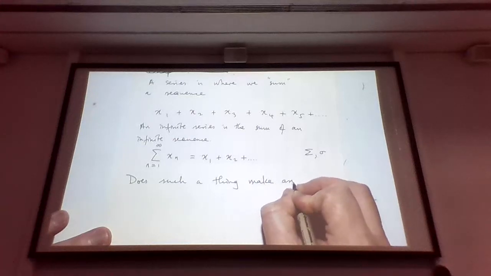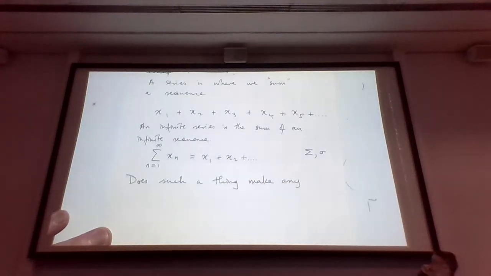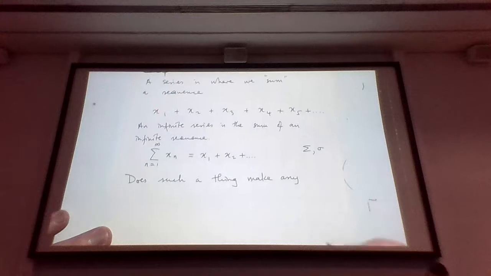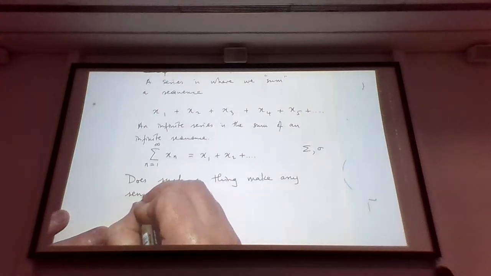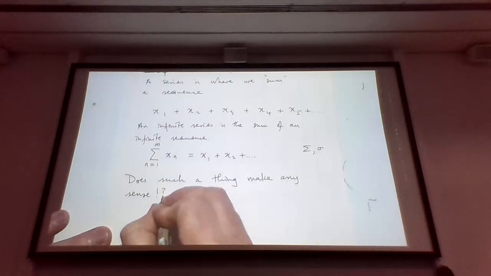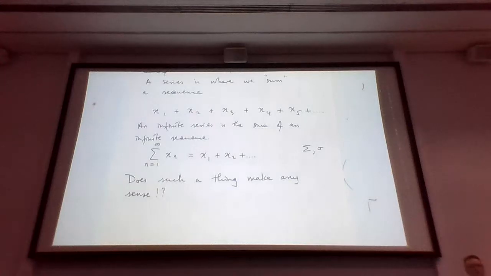Now, the first question we've got to get over with series is, does such a thing make any kind of sense? Often, we think of summation, adding up numbers, as some kind of process. You might actually carry it out.